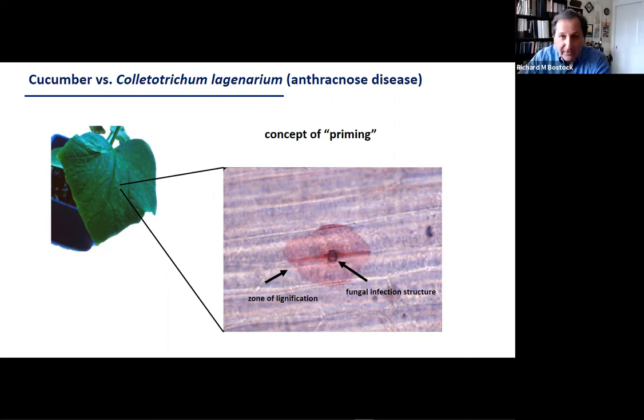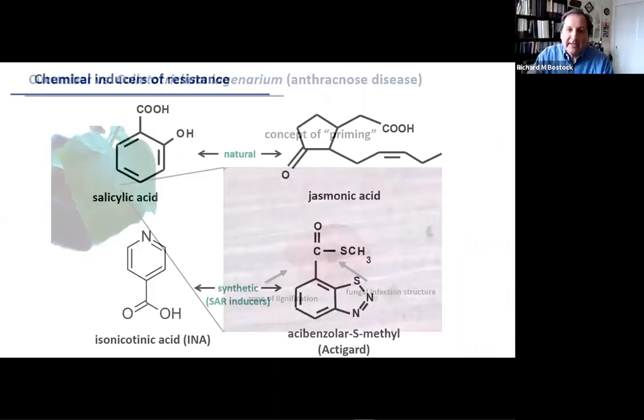All these cells around this area have become lignified, and so the pathogen can't get through. We see this commonly with some of the other defense responses that I alluded to in the previous slide. So priming is really important here.